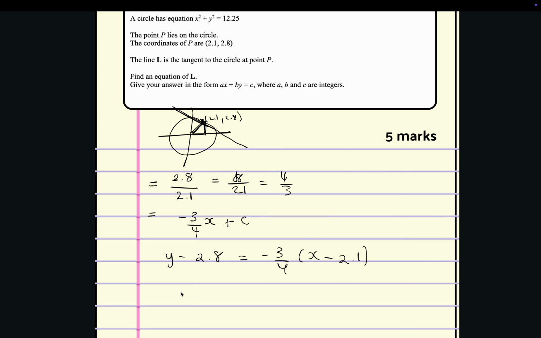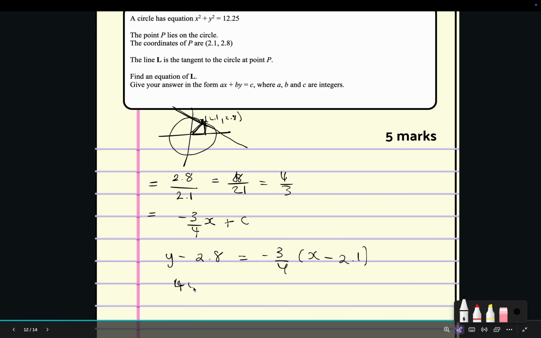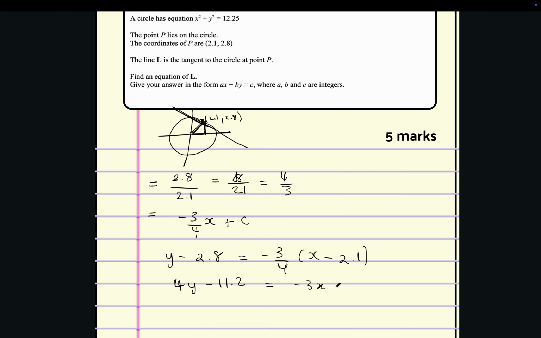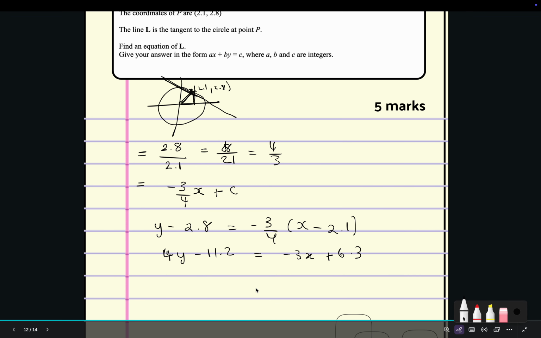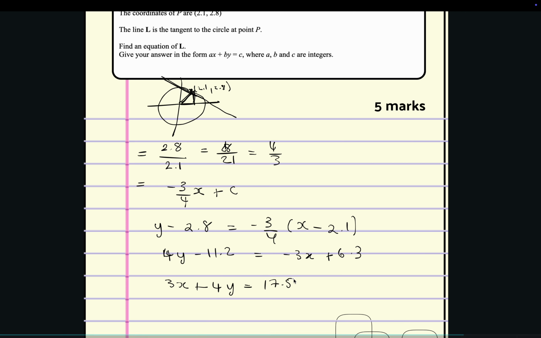Okay, so we get 4y minus 11.2 is equal to minus 3x plus 6.3. And then we will get 3x plus 4y is equal to 17.5.